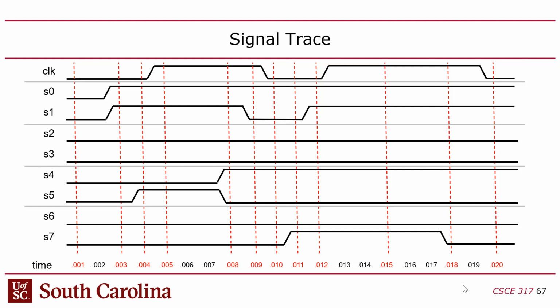Okay, so the signal trace, basically the idea is that it's a waveform like this. Now this one is not an SPI waveform, obviously. This is just a general waveform. But what I wanted to note here was that the signal trace is set up to be basically observations at specific points in time, and those observations are just listed on a line of text.